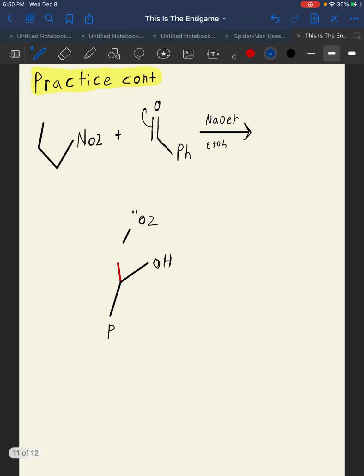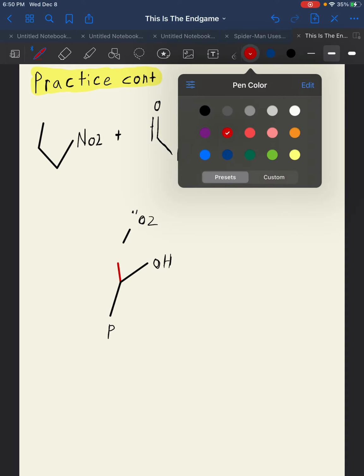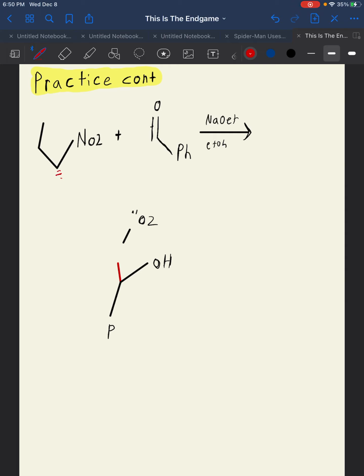So, continuing on with this, we now have NaOEt and EtOH, and we have a benzene ring right here. So once again, form your enolate, act as a nucleophile, resonate upwards.